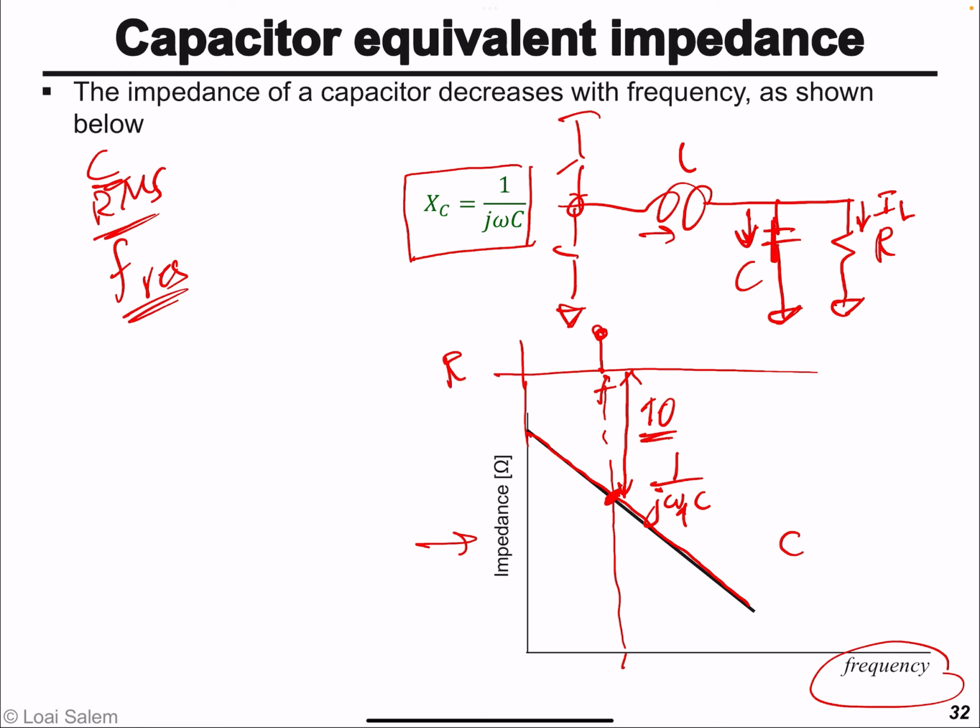So basically all of the harmonics will be shunted via the output decoupling capacitor to the ground instead of flowing into the load resistor.